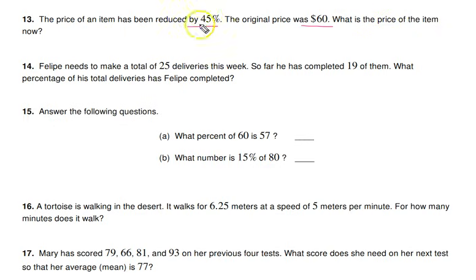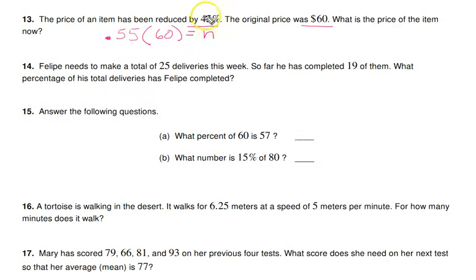Well, you could take 45% of this and then subtract it. Or a shortcut would be, if you're getting a 45% discount, you're paying 55% of 60, which will give you your new price.